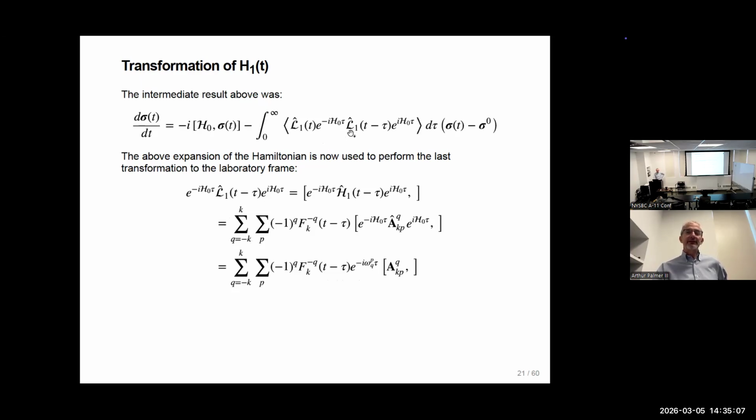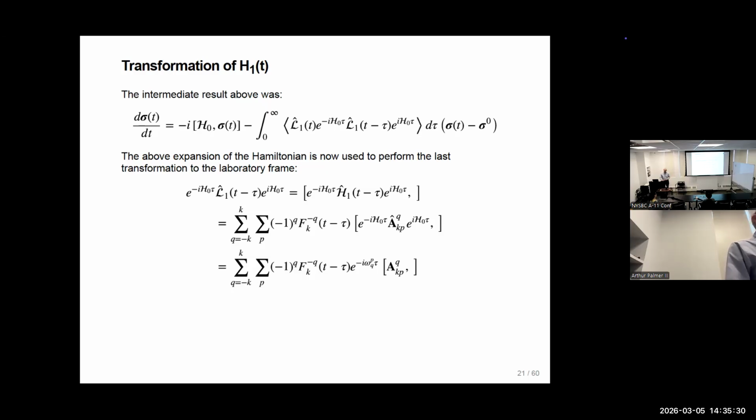So this is the bit of the transformation that I wasn't sure how to do. Right? The F's now depend on t plus tau. The effect of the exponential of the Hamiltonian acted on the spins, it didn't act on the spatial terms. Those are just numbers.